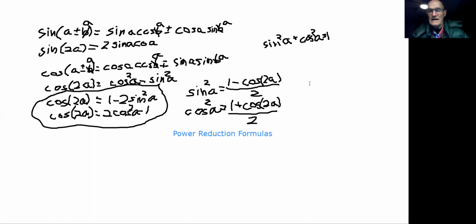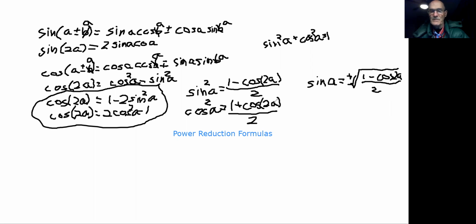So now we're going to get the sine of A equals plus or minus the square root of 1 minus cosine 2A over 2.